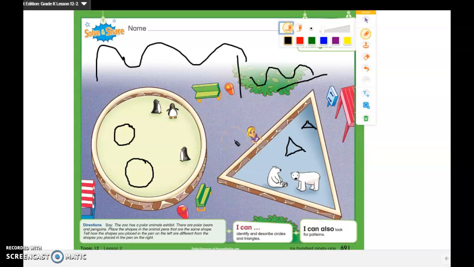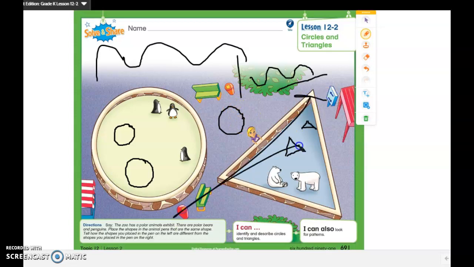No. A circle has no beginning and no end. So this is not a circle because it's not closed. Our circle has no openings. Does my triangle have any openings? No, it does not. So both of our shapes are what we call closed.